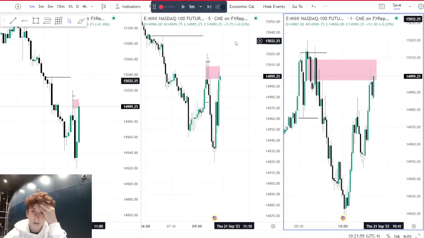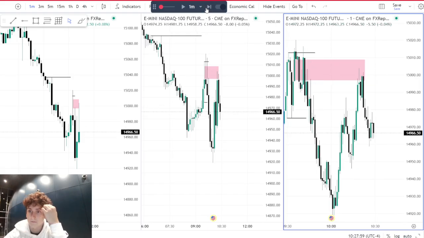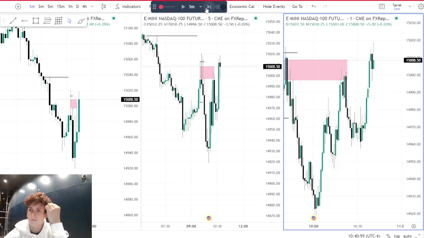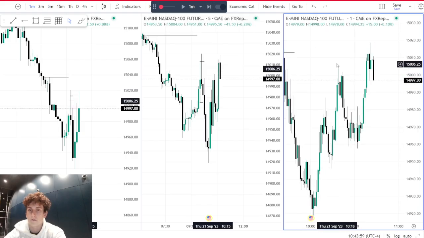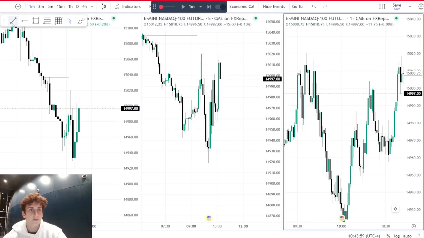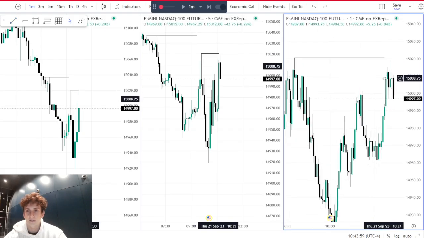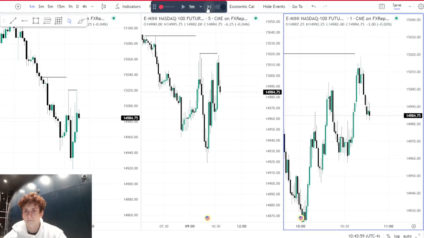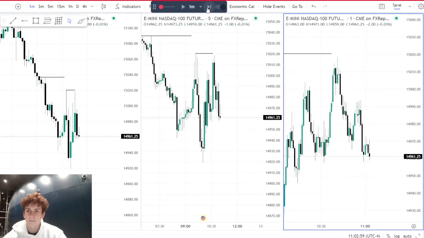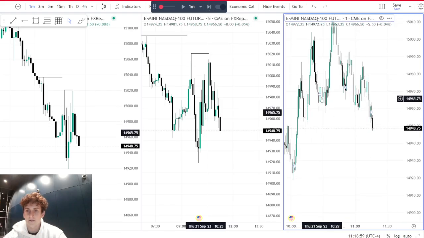Understand this inversion fair value gap worked. Okay, so we're bullish right now. Took out the equal lows there. Missed the highs. No fair value gaps for me yet.